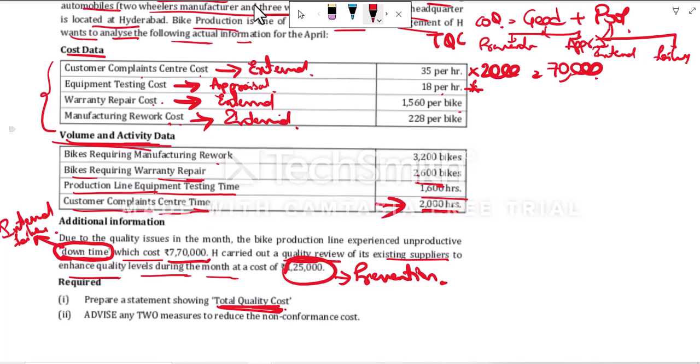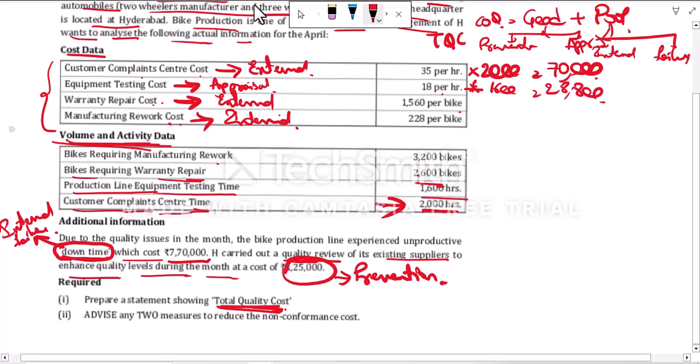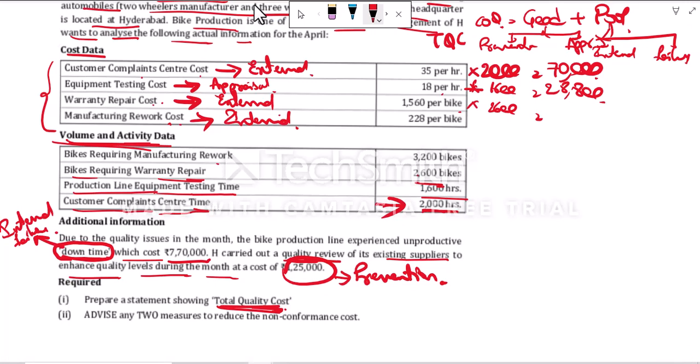See, equipment testing cost: how much time? 1600 hours. 1600 into 18, 28,800. Warranty repair cost 1560 per bike, warranty repair 2600 bikes. 1560 into 2600, 40 lakh 56,000.